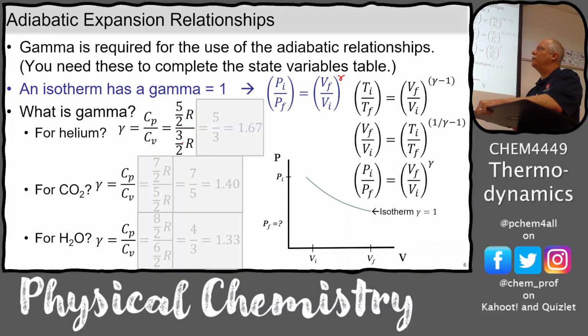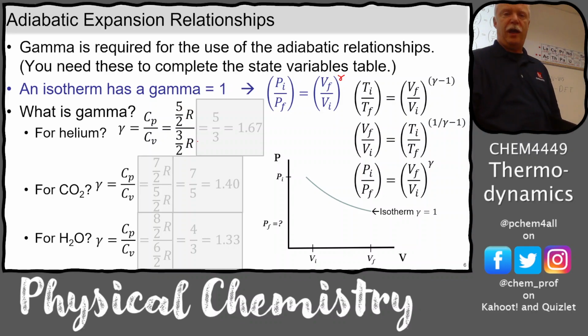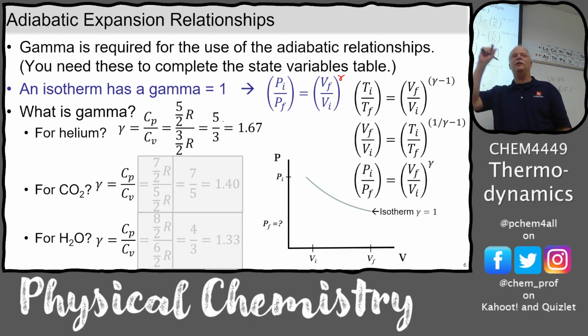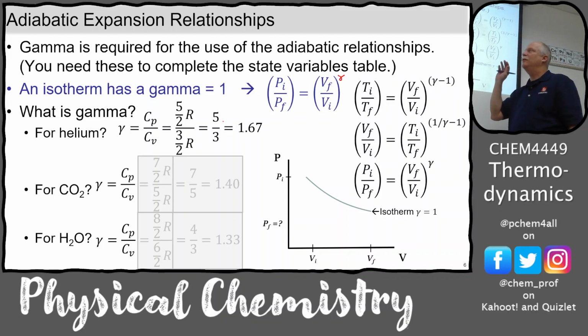So it's 5 halves R over 3 halves R, so we can cancel the halves. And so that's going to be our gamma for helium, 5/3. So we get some really weird fractions, 5/3. You wouldn't look at that and know immediately that that's what's going to happen for helium, but it's because you're taking that ratio of 5 halves over 3 halves. So that's 1.67.